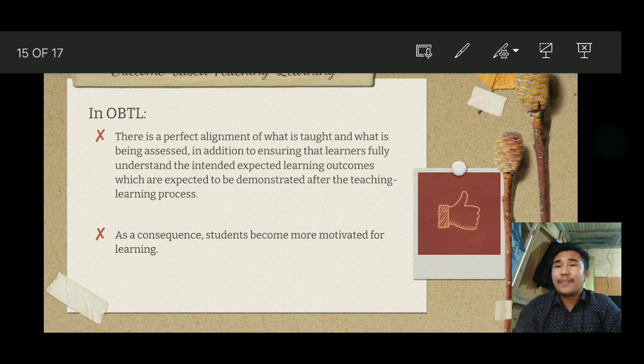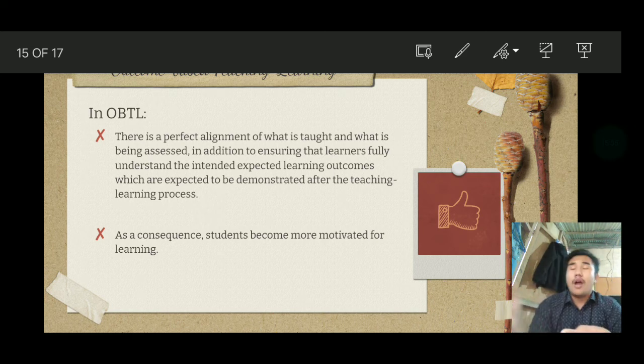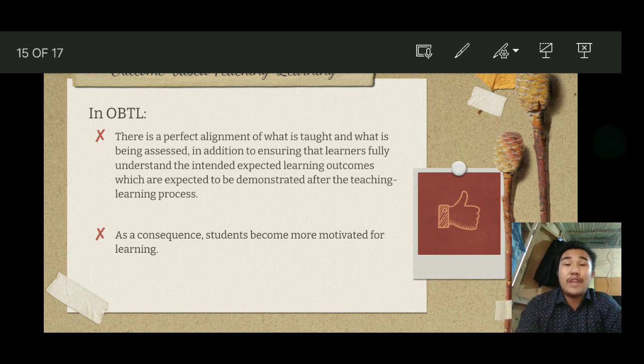So, if we connect this to the assessment strategies that can increase motivation of students, we can relate this to the criterion referenced. If your objective was to perform a role play, then that means the students can absorb more knowledge or understand more of the topic being tackled. Why?